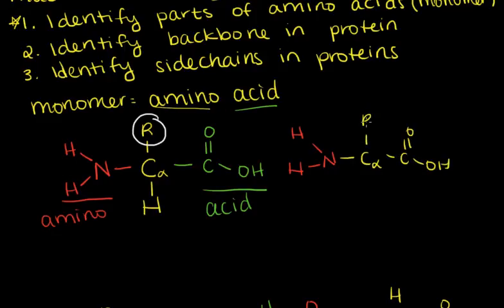So here's a second amino acid with a different side chain called R1. And the parts that are going to combine to form our water molecule, we can circle. So that's going to be the OH from the acid part, and one of the H's from the amine. And it doesn't matter, it could be this H, it could be that H. They are both equally correct. So don't worry about that.